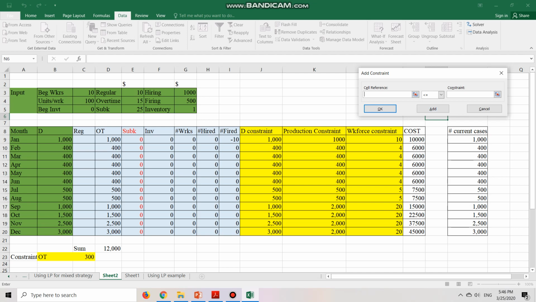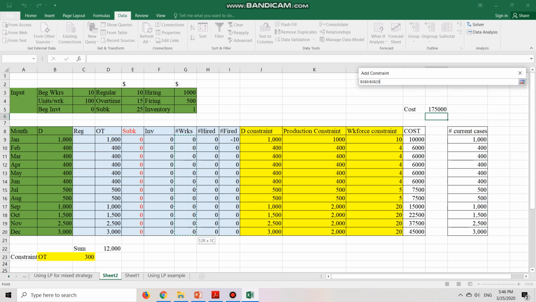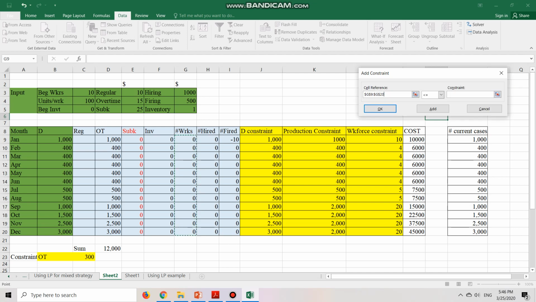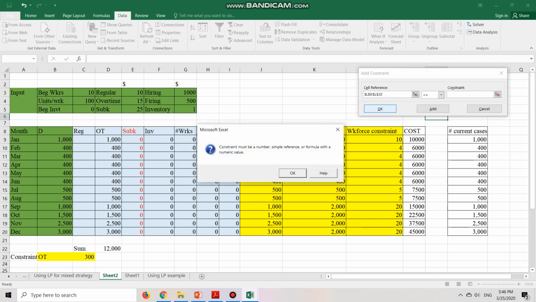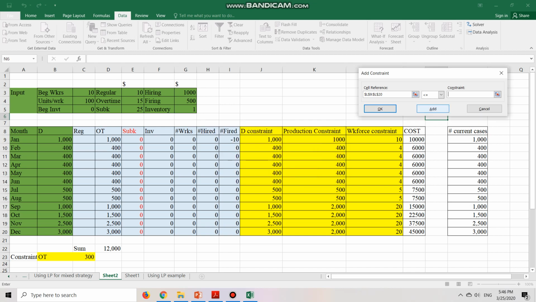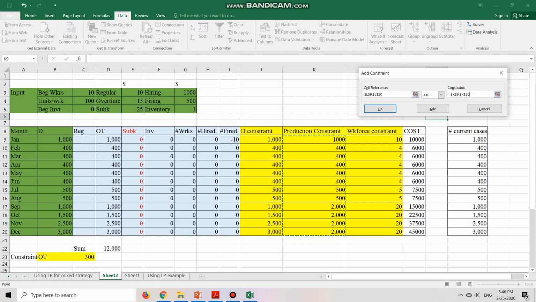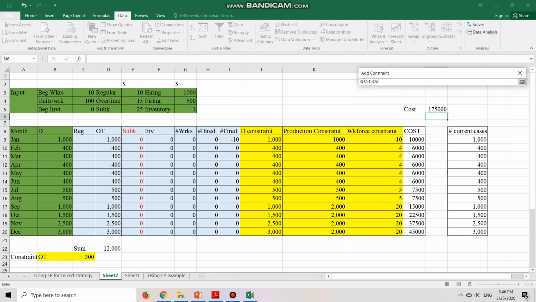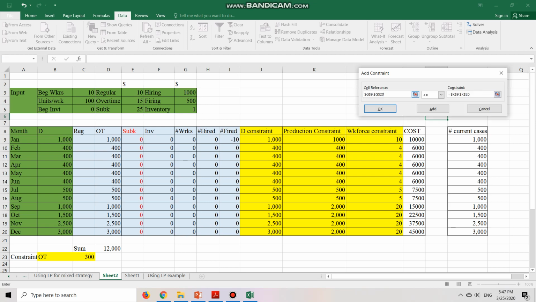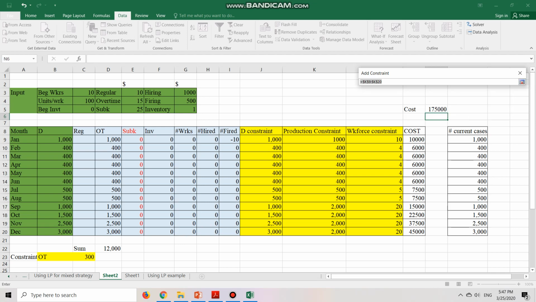And the last one is that the total of workers has to be less than or equal to the workforce constraint. So finish here, workforce constraint. Here is the total of workers. Here has to be less than or equal to the workforce constraint.